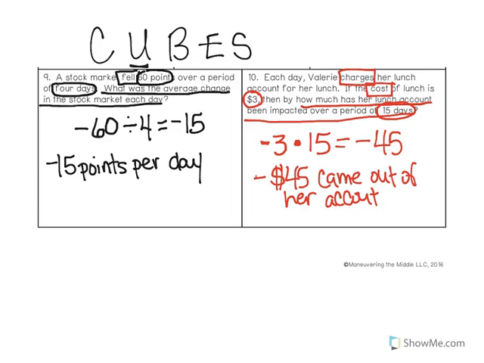And that's the total amount, not per day. That is the total amount that came out. And that's how we know that we are supposed to multiply this, because we're looking for the total amount that had been impacted. Okay? Alright, so that is how you're going to do your word problems.